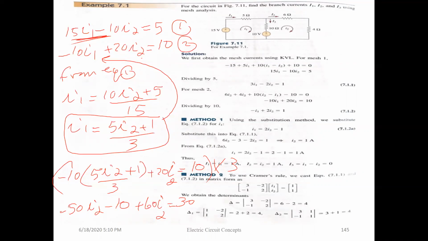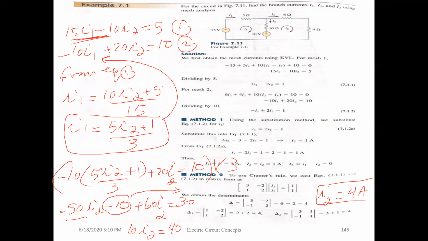Now I can subtract the 50 from the 60. So we have 60I2 minus 50I2 will be 10I2 equals, now I can move the minus 10 to the other side and it changes the sign. Or sometimes mathematicians add the plus 10 to both sides the same way. So this will be 40. So now we have I2 equal to 4 amps.